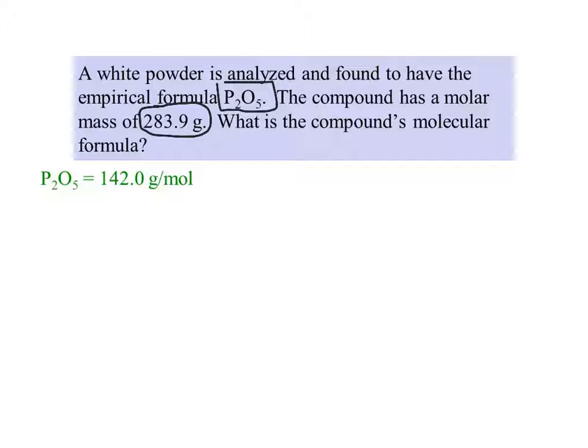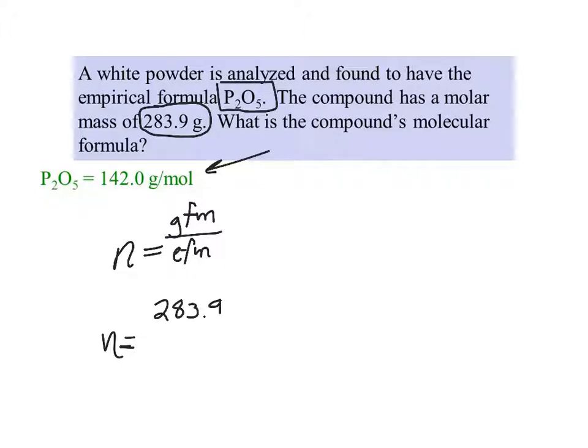So here we go. I'm trying to find some whole number n so I can scale up my empirical formula. To do that, I'm going to take the GFM divided by the EFM. So the EFM was calculated for me, P2O5, 142 grams per mole. So if I'm plugging it in, n is going to equal, the GFM was given in the problem, 283.9.